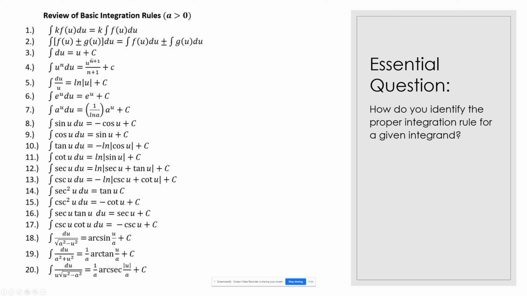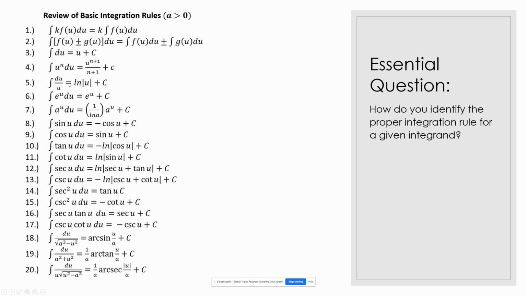This is our basic power rule. Our power rule says that you have u to the nth power du, and the antiderivative of that is u to increase the power by 1 and divide by that new power plus c. This one is our log rule.